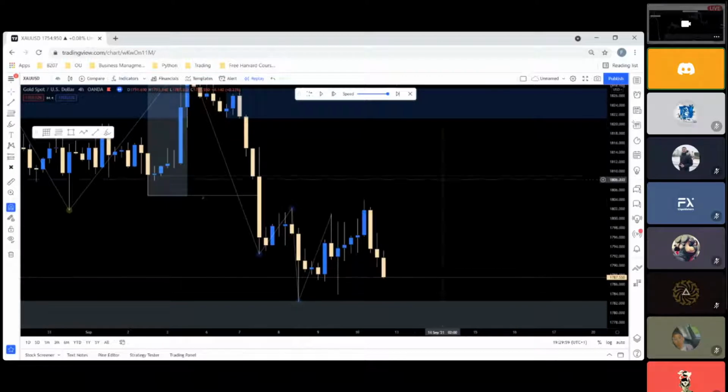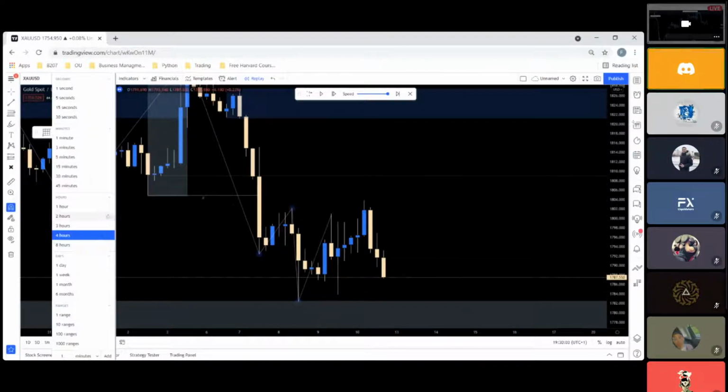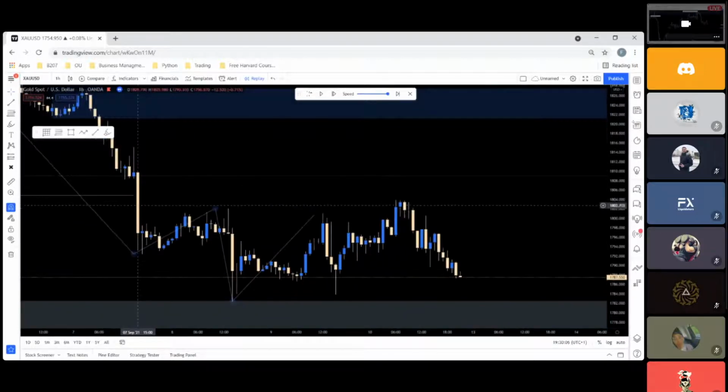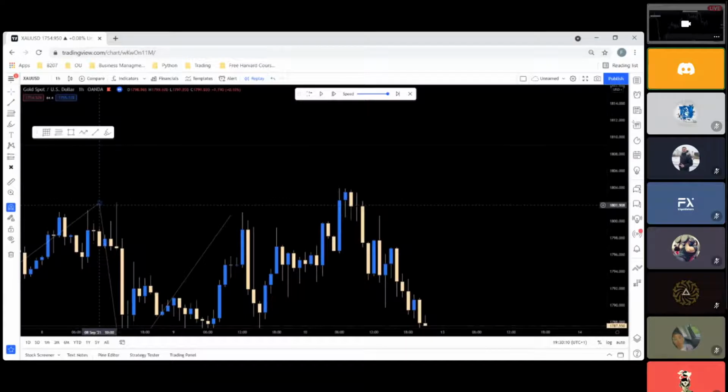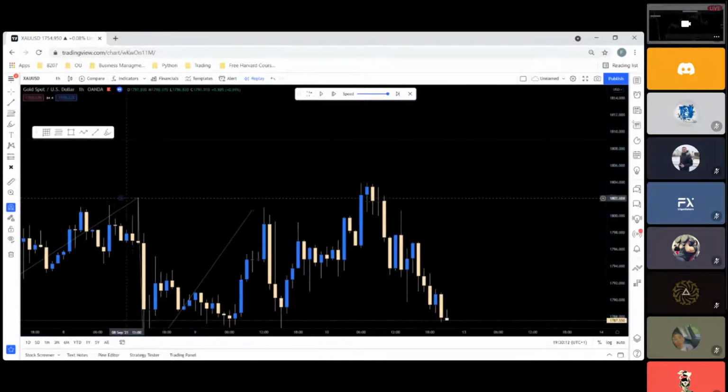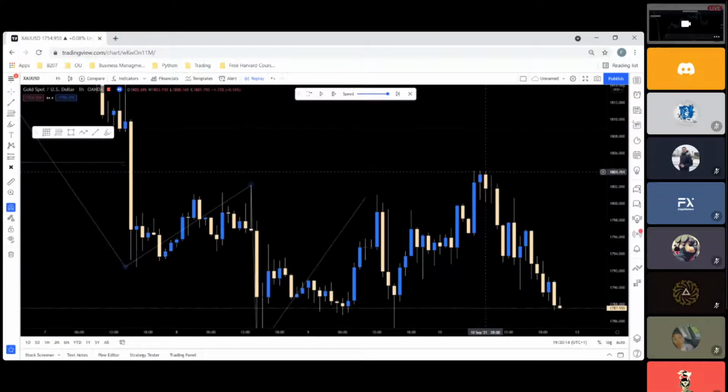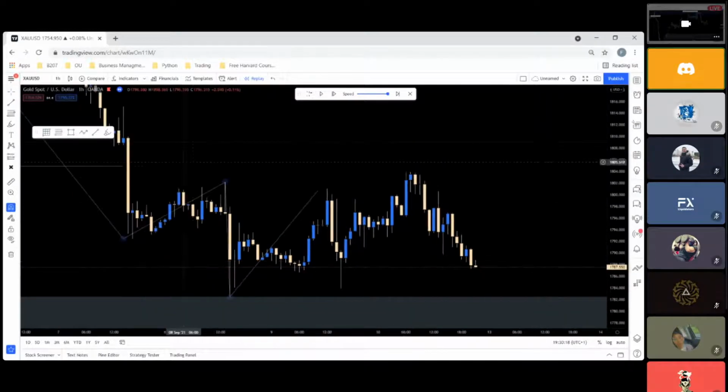So on the 4 hour here, see how we wick out. I'd probably look at the 1 hour and think, yeah, okay, actually we are potentially breaking structure here to the top side. So I'd keep that in mind.